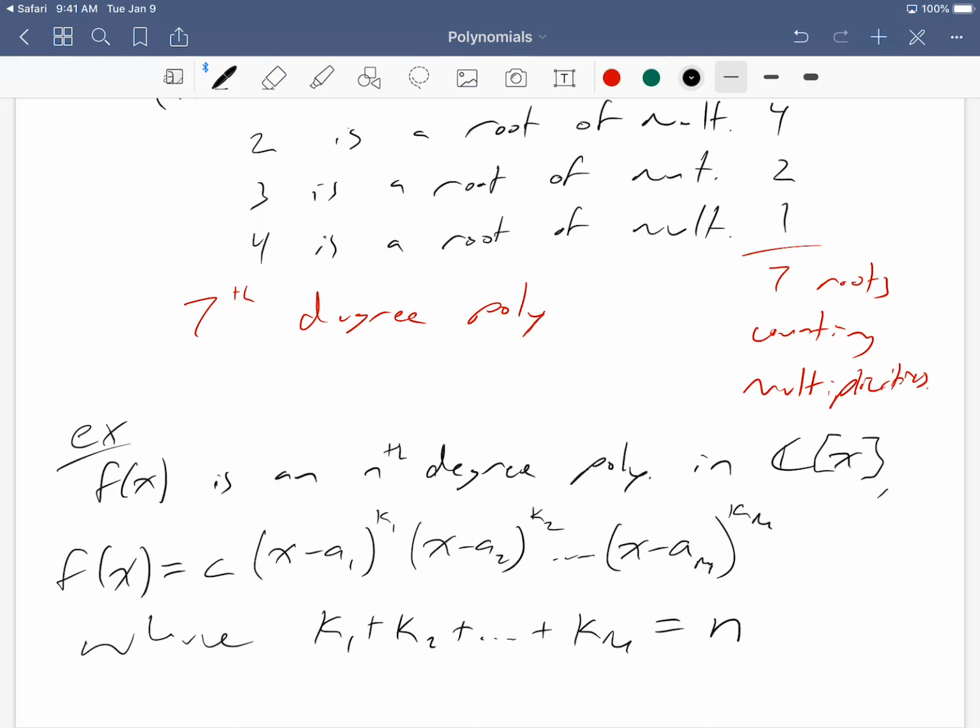So we can take f and factor it completely down to these linear terms. We might have to put that constant c in front depending on what the leading coefficient was. But otherwise, the number of those roots counting multiplicity will be the degree of the polynomial.